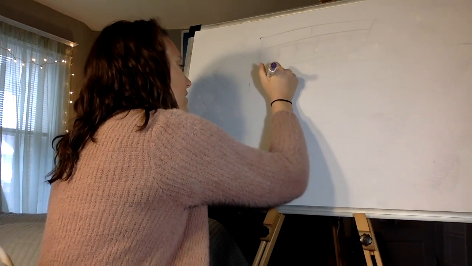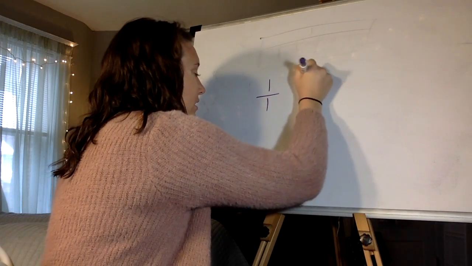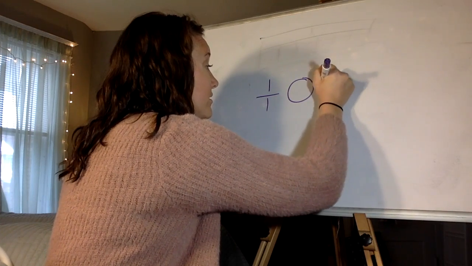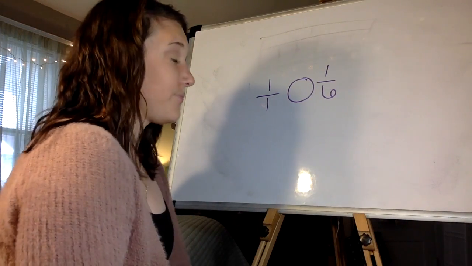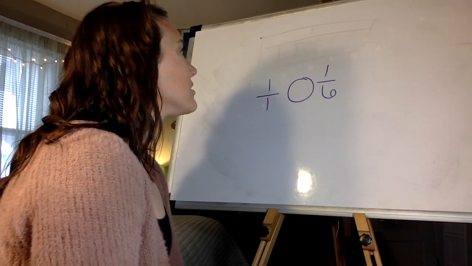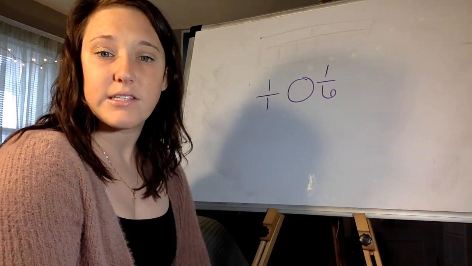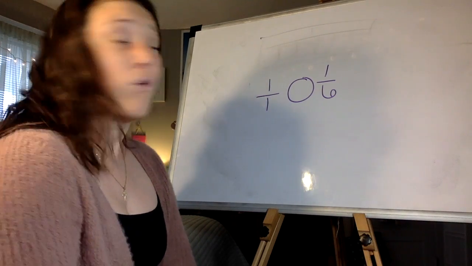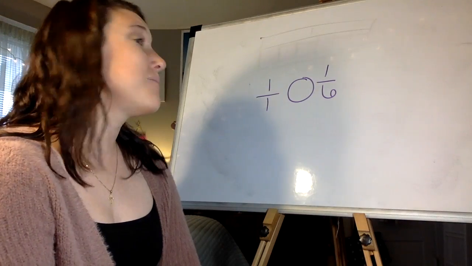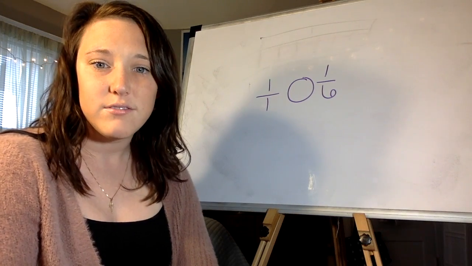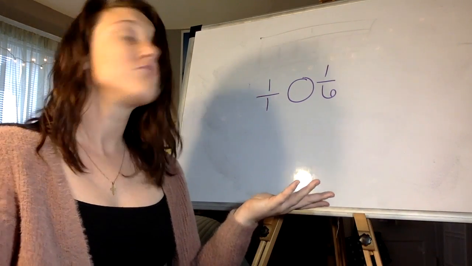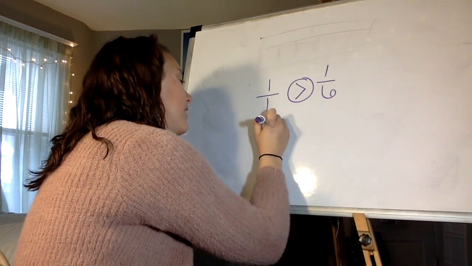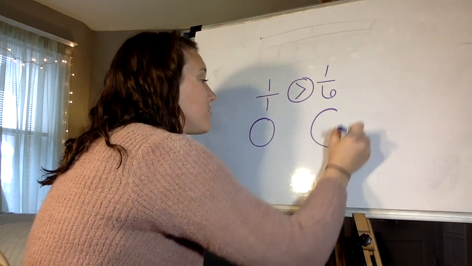So if I have 1/1 compared to 1/6, okay, well, 6 is the greater denominator, but that means I'm cutting my pizza into 6 slices. 1 is the smaller denominator, but that means I didn't cut my pizza at all. It's just one whole pizza. So which is the greater fraction? 1/1 is greater.